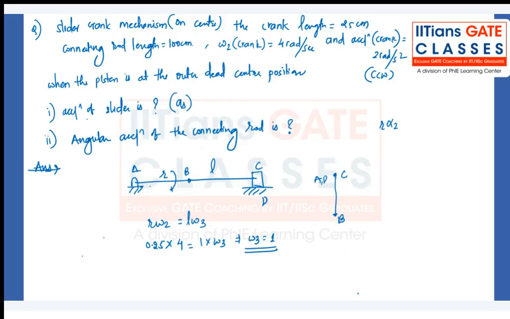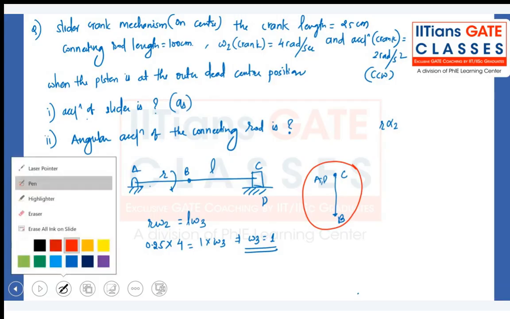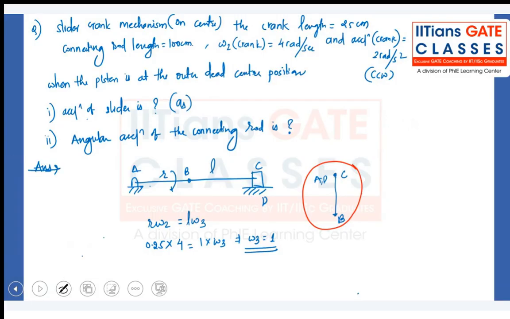Okay, so this was my velocity diagram. Acceleration diagram we have to separately draw. So we have one point, A dash and D dash.